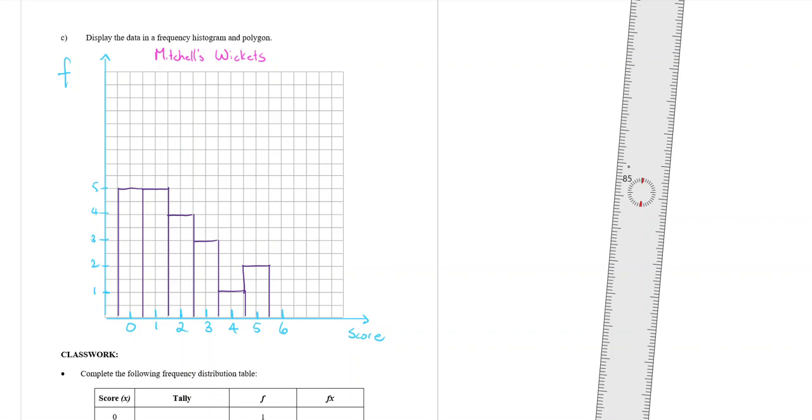So the first thing we do is we put dots at the center of the top of each of the columns. There is 2 extra dots though. 1 dot needs to come down to the next number in the line, which is why I needed that extra spot. I needed that 6 because my polygon is going to have to come down there to finish it off.